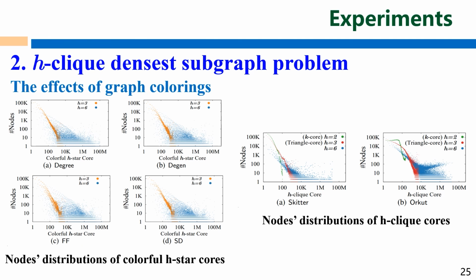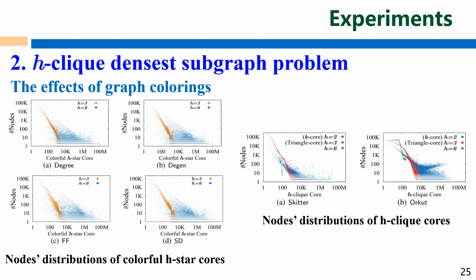The left figure shows the node distribution of various colorful H-star K cores for H equal to 3 and 6 when using different coloring algorithms. Note that both x-axis and y-axis are in log scale. Thus, the distribution of colorful H-star core numbers generally follows a power law distribution.